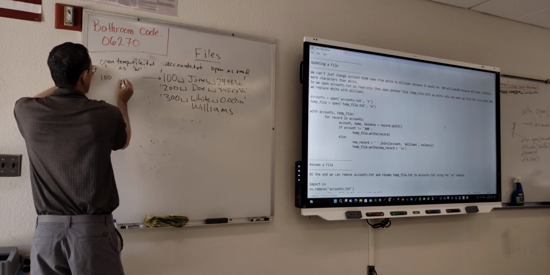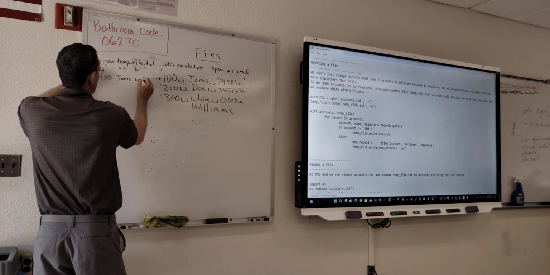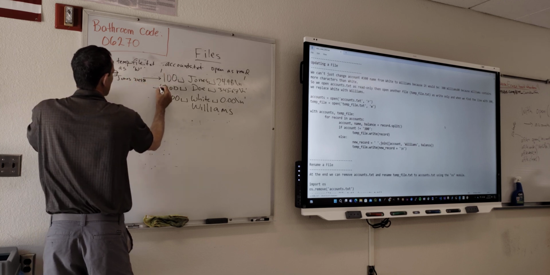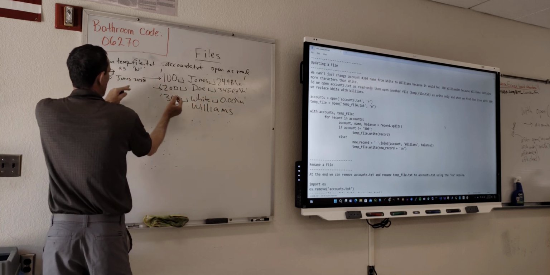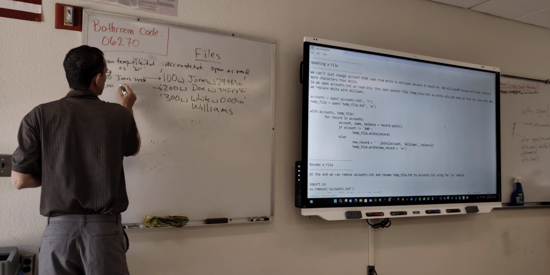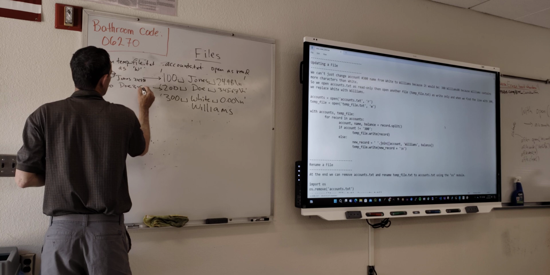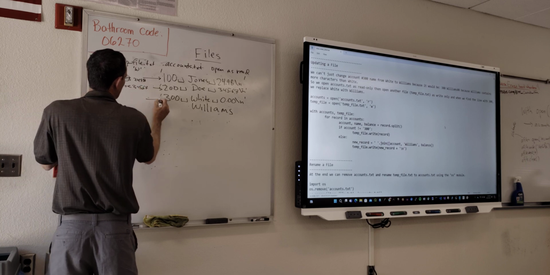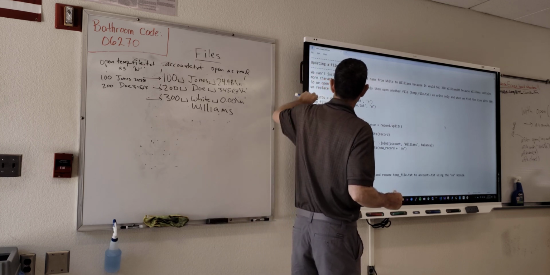So now this one says 100 Jones 2498. Then we go down to the second line, and we read 200 Doe, it's not 300, so we just write it to this temp file: 200 Doe 3, 4, 5, 6, 7. Now we get to 300.